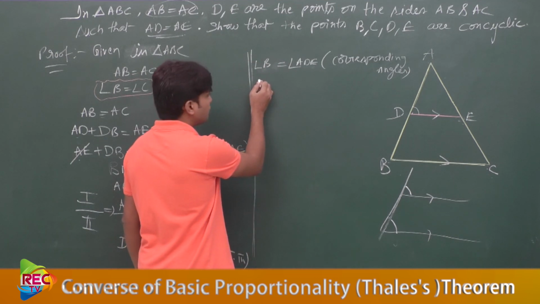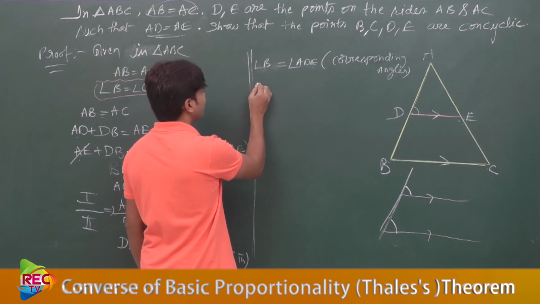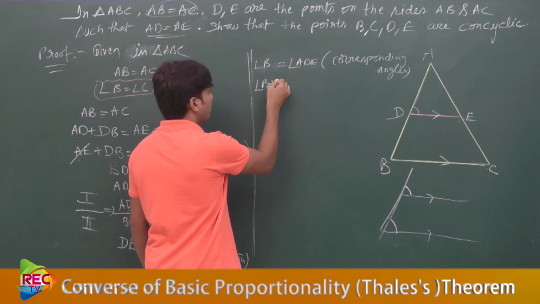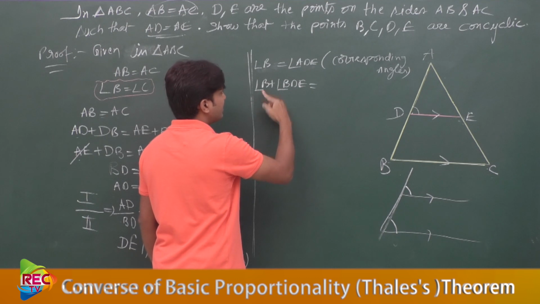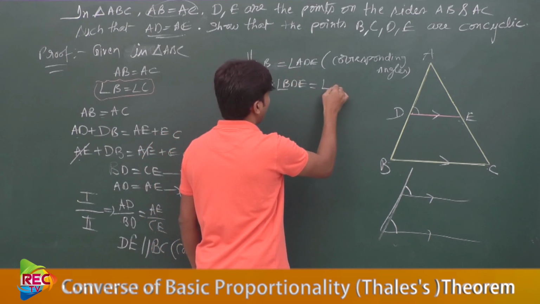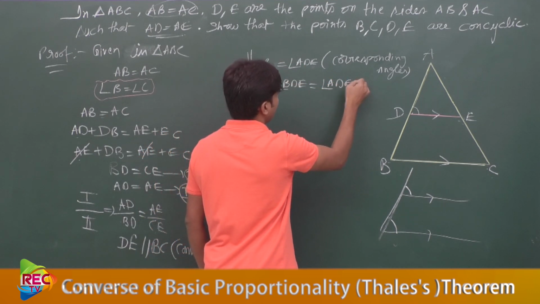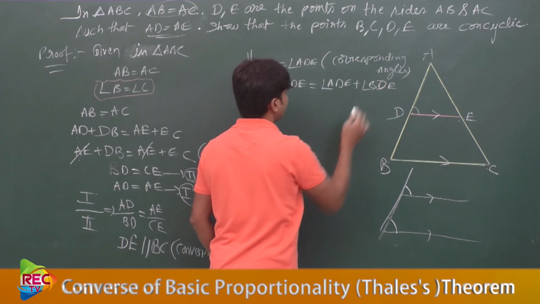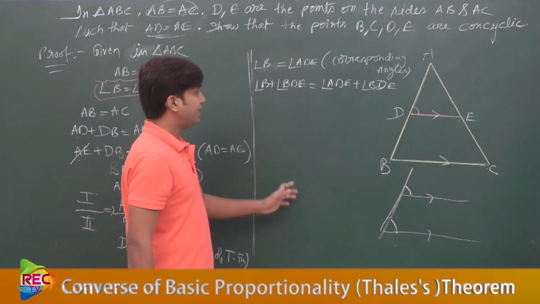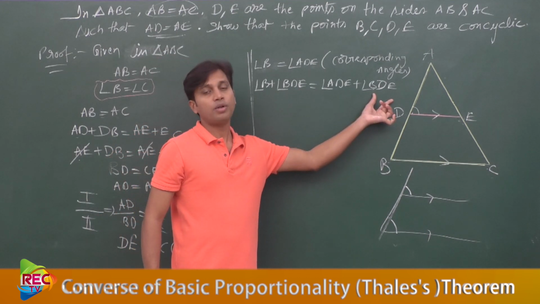Now do one thing. Here on both sides you add angle BDE: angle B plus angle BDE, and when you add this side, you have to add that side also: angle ADE plus angle BDE. What we did here is add angle BDE on both sides.